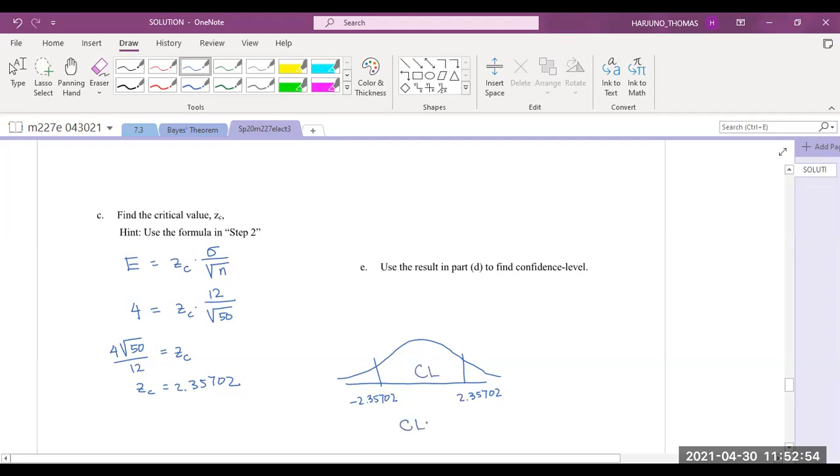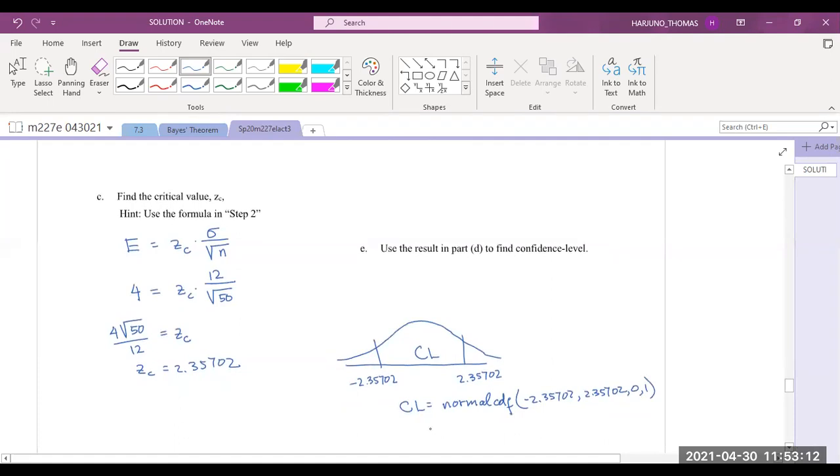So we can say the confidence level equals normal CDF from negative 2.35702 up to 2.35702, with mean 0 and standard deviation 1. Yeah, you can do that already.